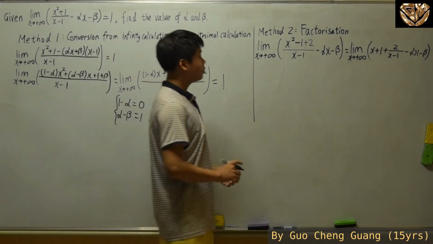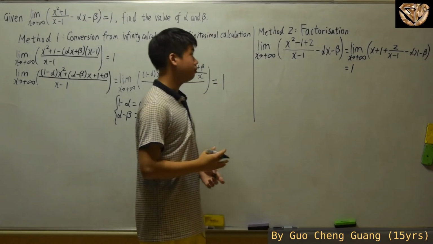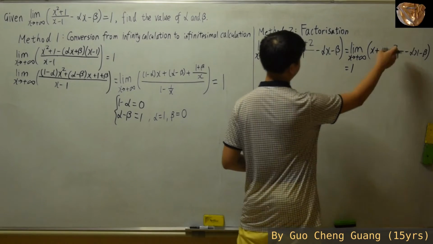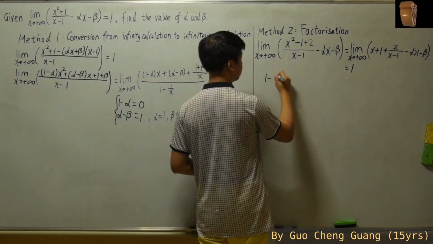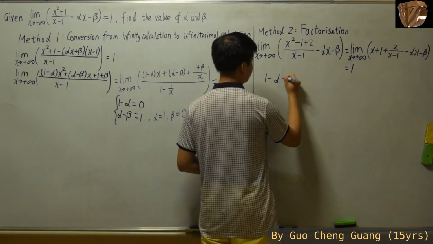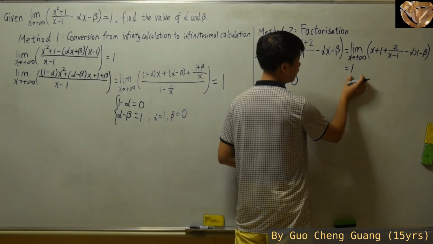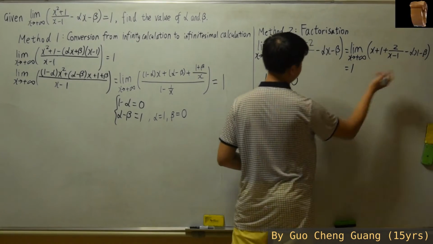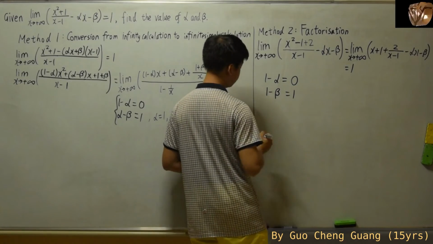Now it is pretty much the same thing. You have an x term, you have a constant term, and you have a term that if you substitute x in, you'll get 0. Which means, once again, 1 minus alpha, which is the coefficient of x, would have to be 0 in order to get your 1, while for the rest you have 1 minus beta, which is equal to 1.